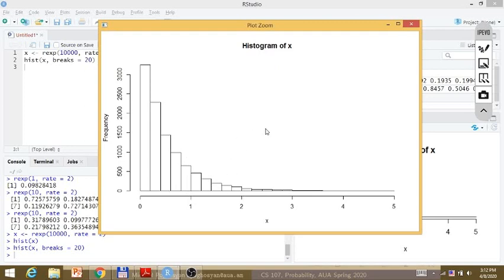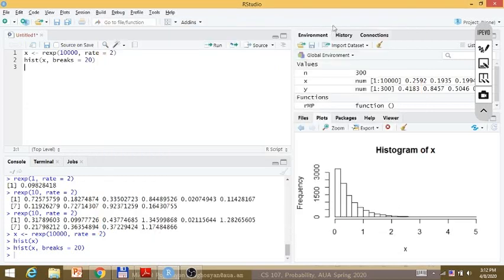By the way, let me draw the PDF and CDF graphs for exponential 2 here. So to plot the graphs, I am doing the following. I am taking a running parameter. Say I want to draw the graph from 0, because I know that PDF and CDF are 0 for negative values.